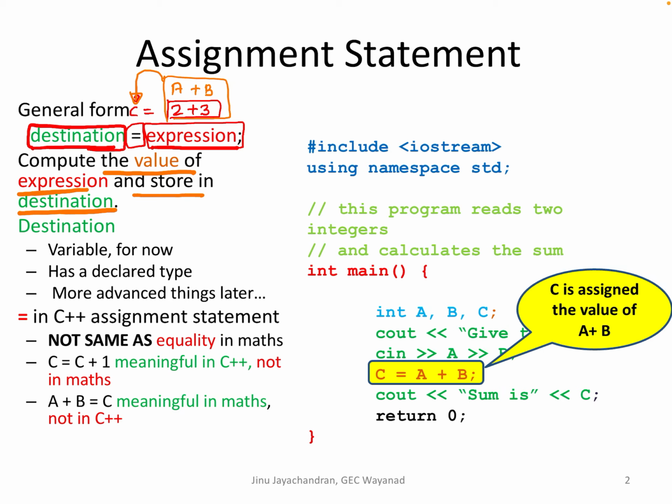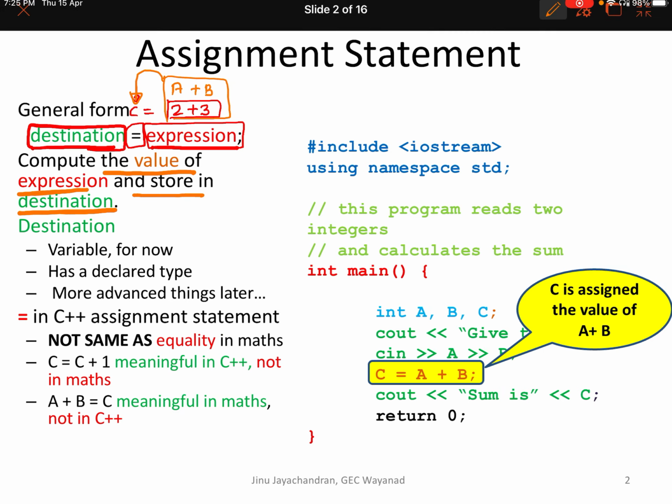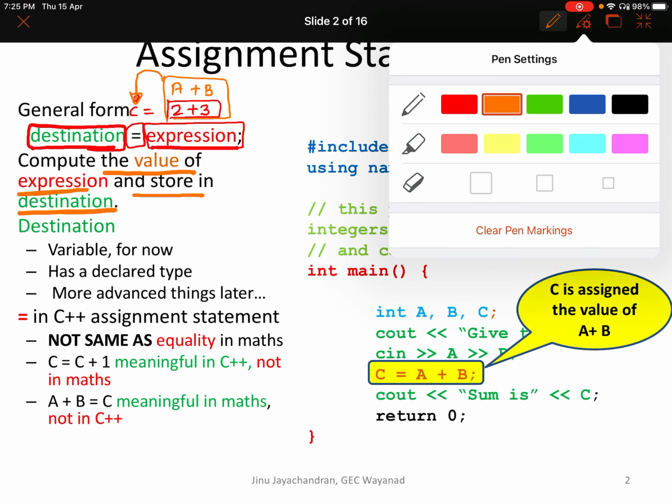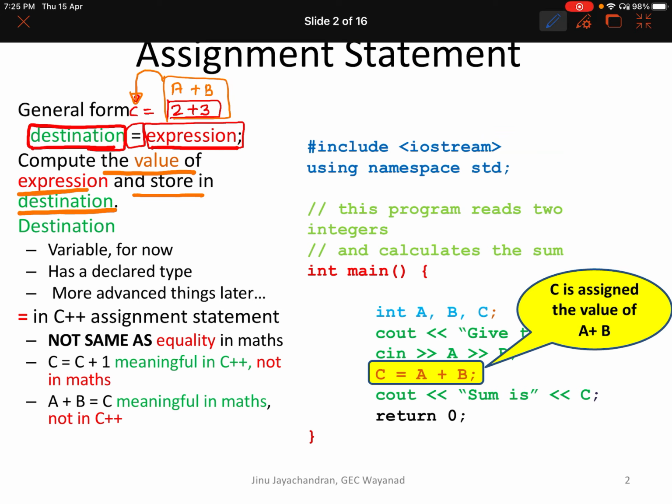So if you look at this example, you see that this is a simple code in which you are doing an addition. The variables in this program are a, b, and c.